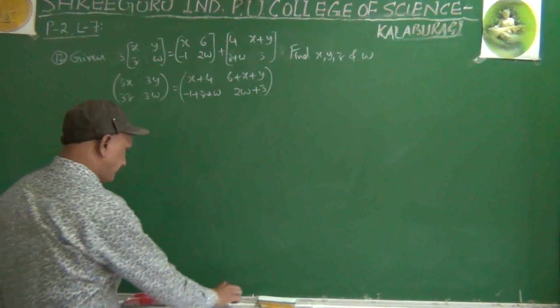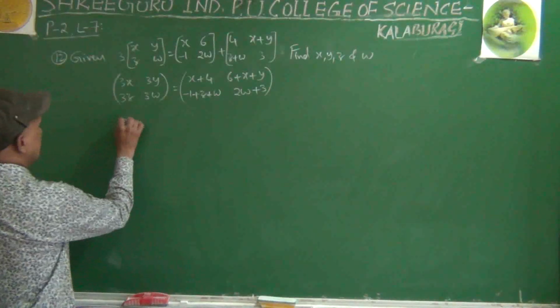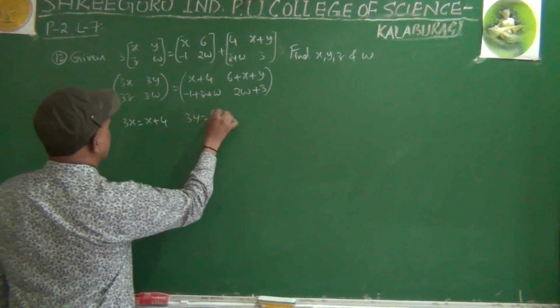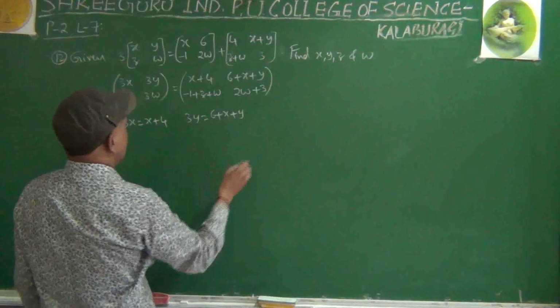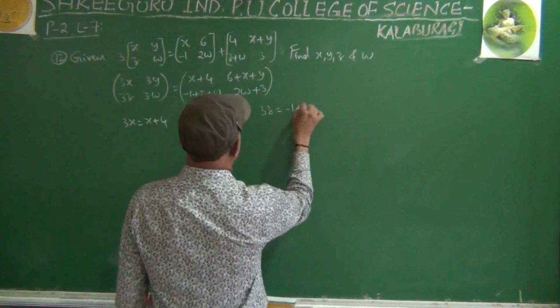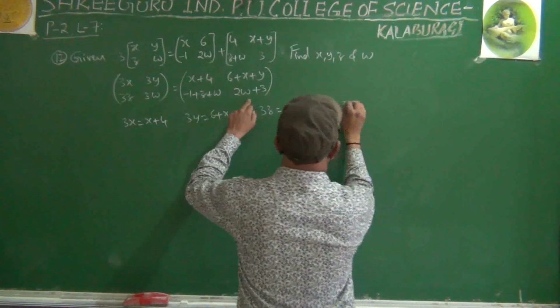Okay. Next, equating the matrices. 3x equal to x plus 4, 3y equal to 6 plus x plus y. Equating the matrices we know 3z equal to minus 1 plus z plus w. 3w equal to this one.